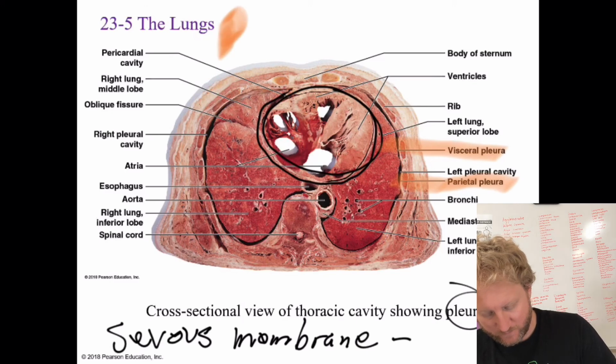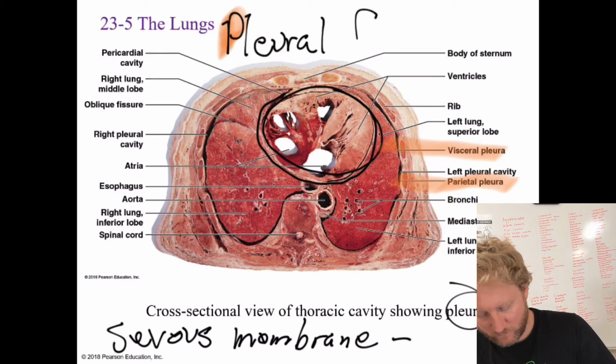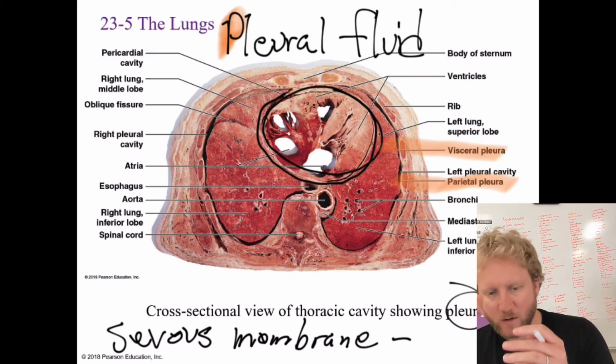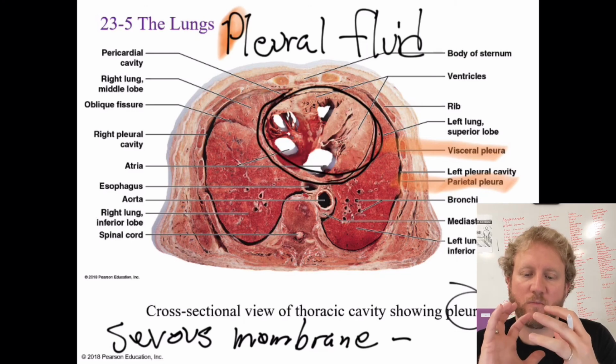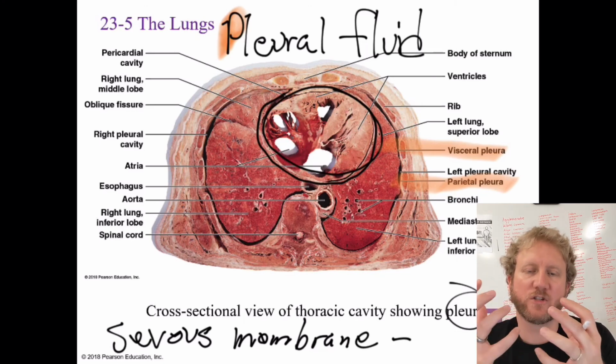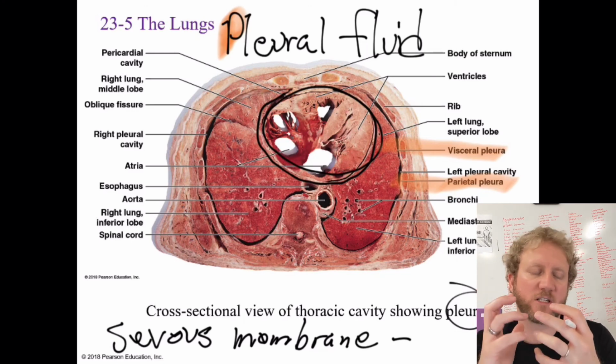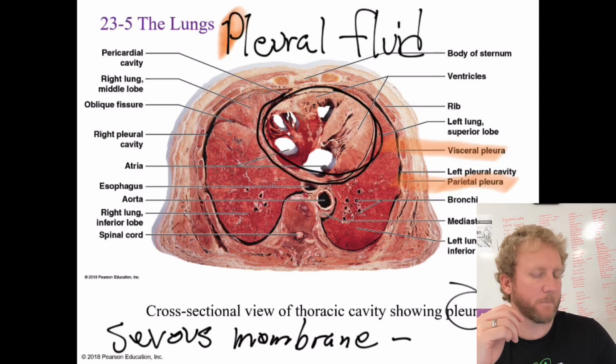Let me write that for you. It sits between the visceral and the parietal pleura, and that provides lubrication for the space between those two tissues to allow movement for the lungs during breathing and twisting and stuff like that.